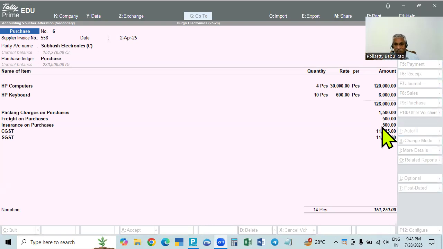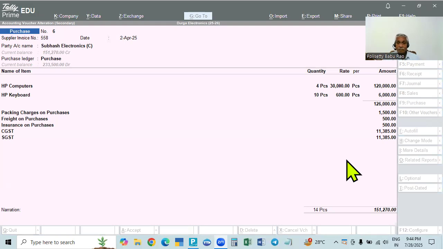So the total expenses will be for the total value. Then we find the expense share for the particular item and the next item, like that. We add that expense share to that item and calculate the tax as per its rate. We did the same thing before.